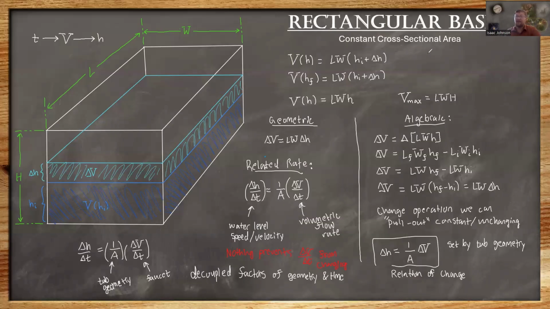If you had two different vessels, one tall and skinny and one shorter and wider, the same volume isn't going to result in the same height change. We already know that through this relationship. For the really skinny vessel, it only takes a little bit of volume because you have a really small area and you end up with a big change in height.